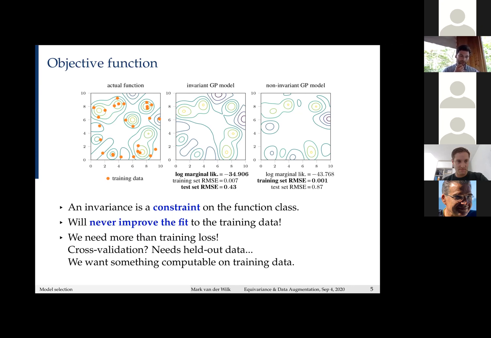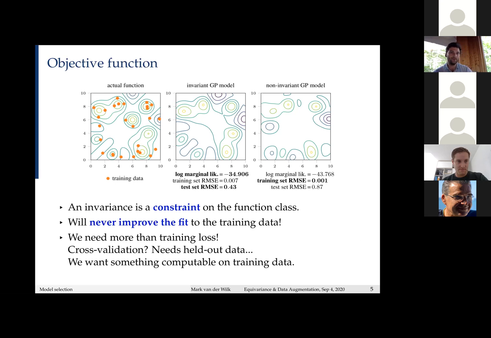The first point I want to make is that the usual training loss that we use is some measure of the error that a particular function f makes on our training set, the discrepancy between the predictions that it makes and the data. And I want to argue that this objective function is insufficient for learning the function class that we pick our function from.